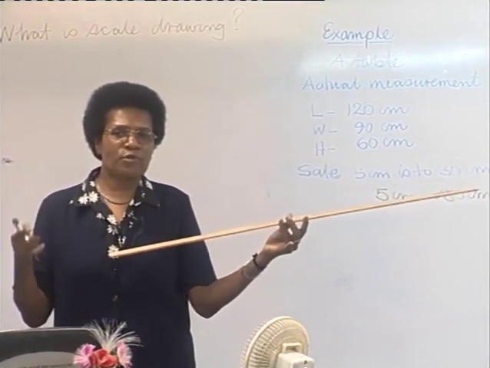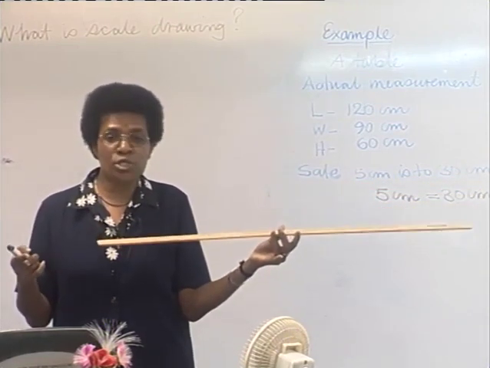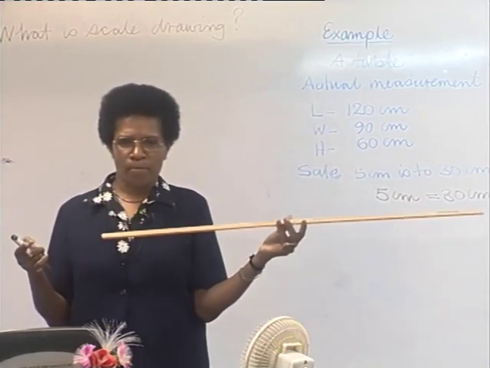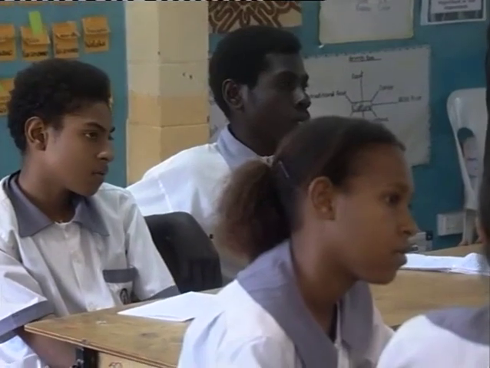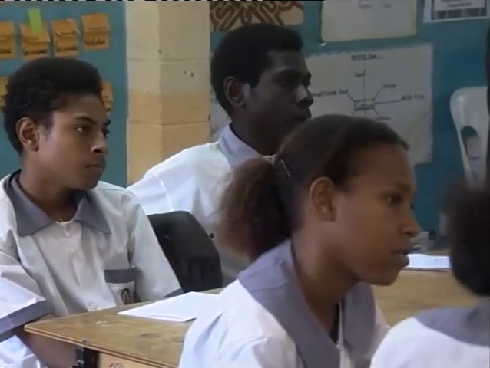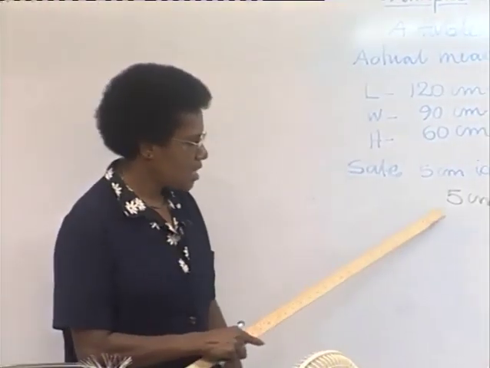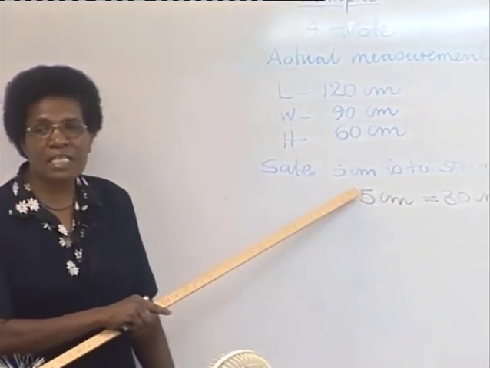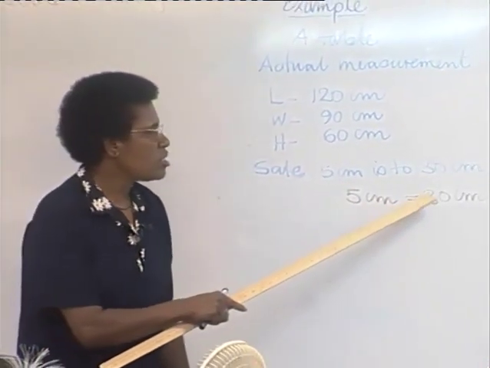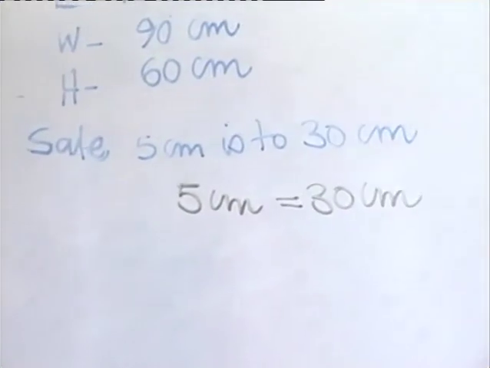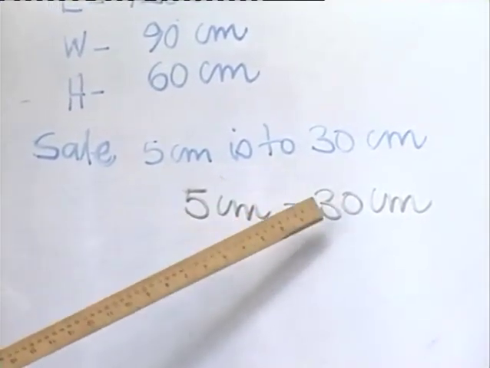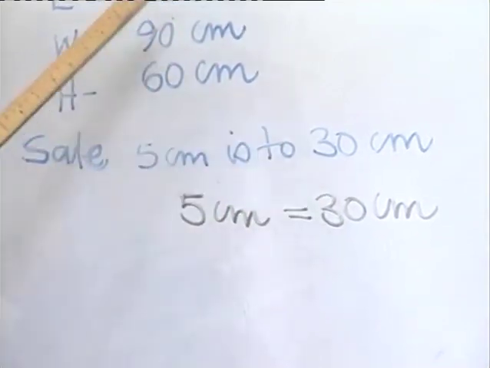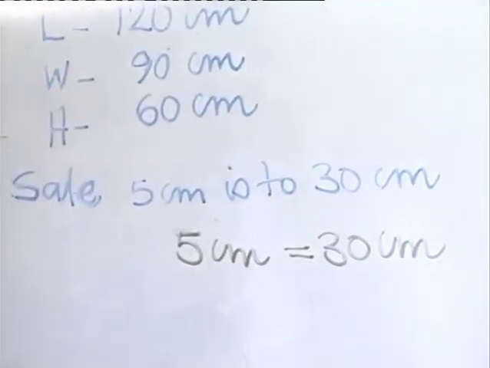So do we reduce or enlarge? Reduce. We have to reduce. And when we reduce it, we have to use that scale, which says 5 centimeters is equal to 30 centimeters. Now, how do we find how many 30 centimeters there are in that 120 centimeters?